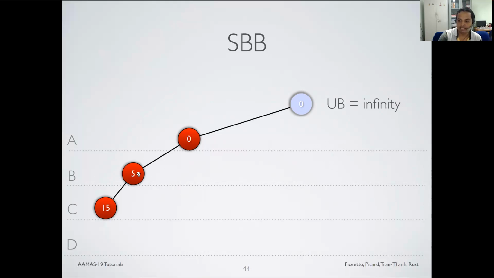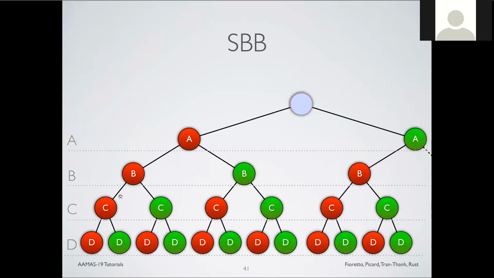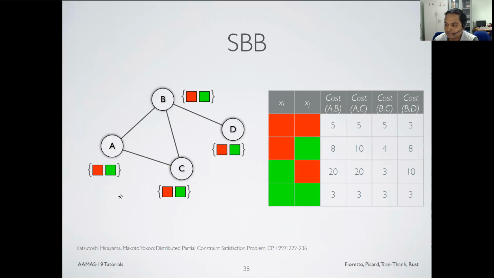That means AB is red, BC is red. So BC has 10, I think, and 10 plus 5, that's the same thing. No, BC is 4.